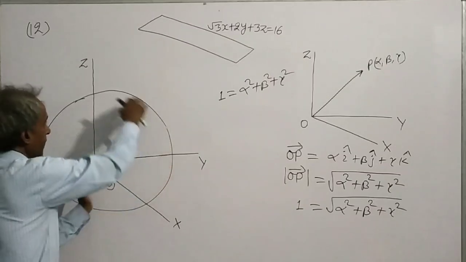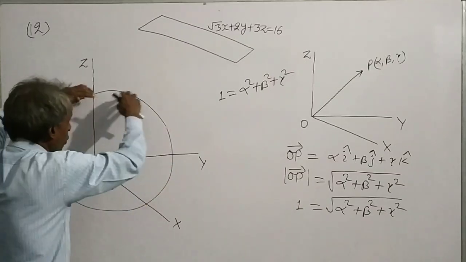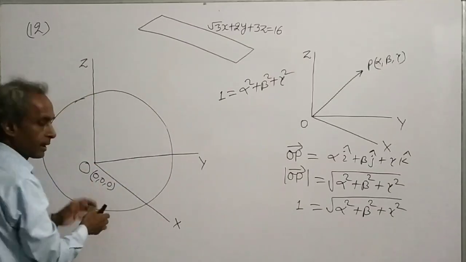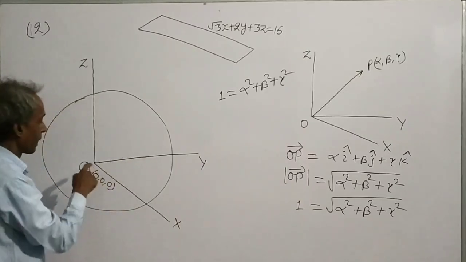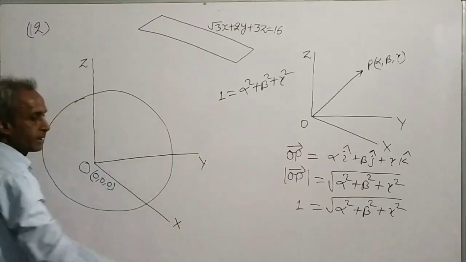This is the sphere. Each point on its surface is at a distance of 1 unit from the origin.